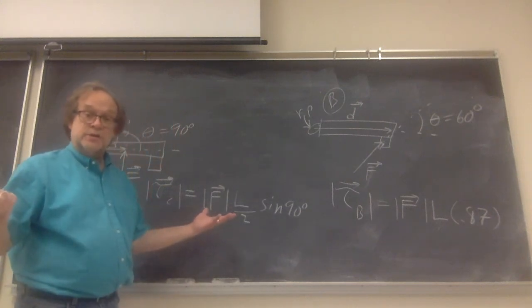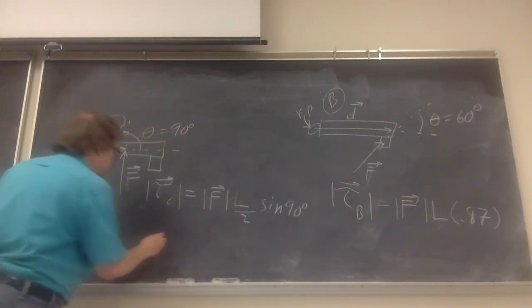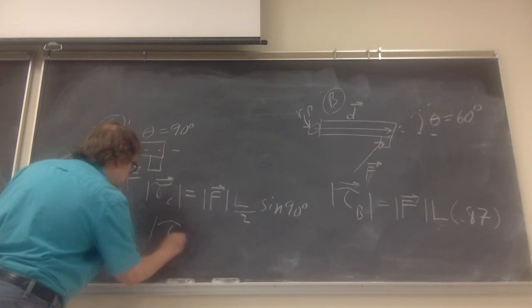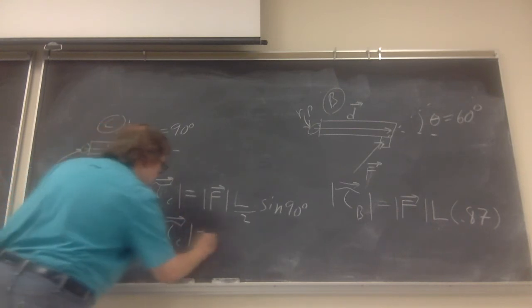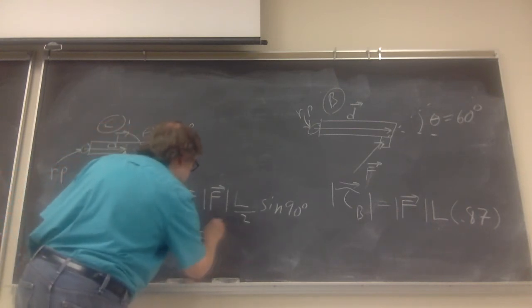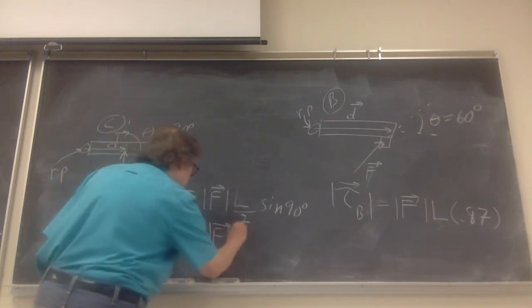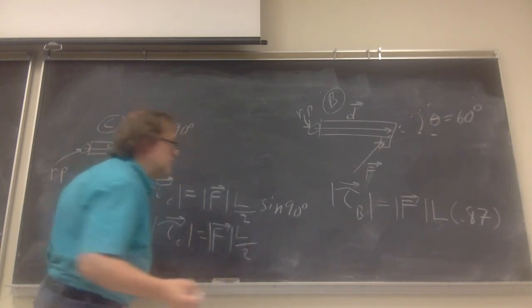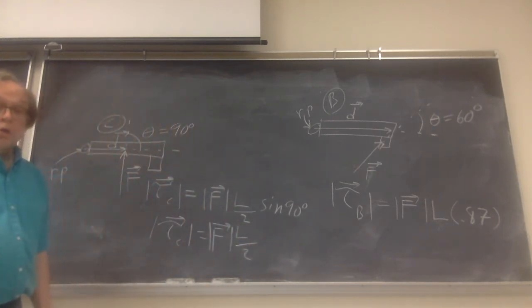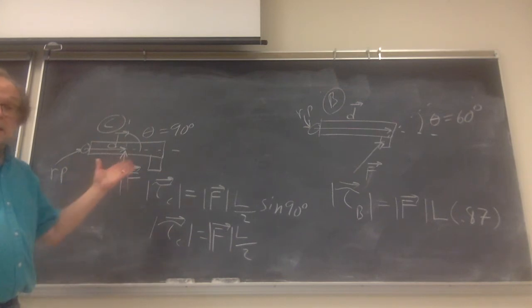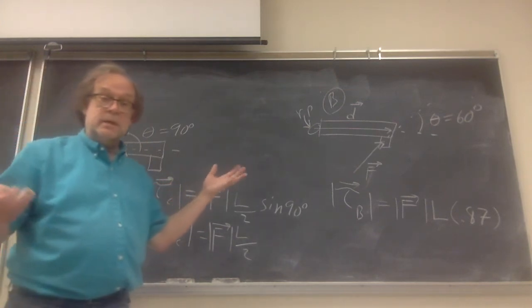Sine of 90 degrees is 1. So the strength of torque C is equal to the strength of the force times L over 2. In other words, a smaller torque than either case A or case B.